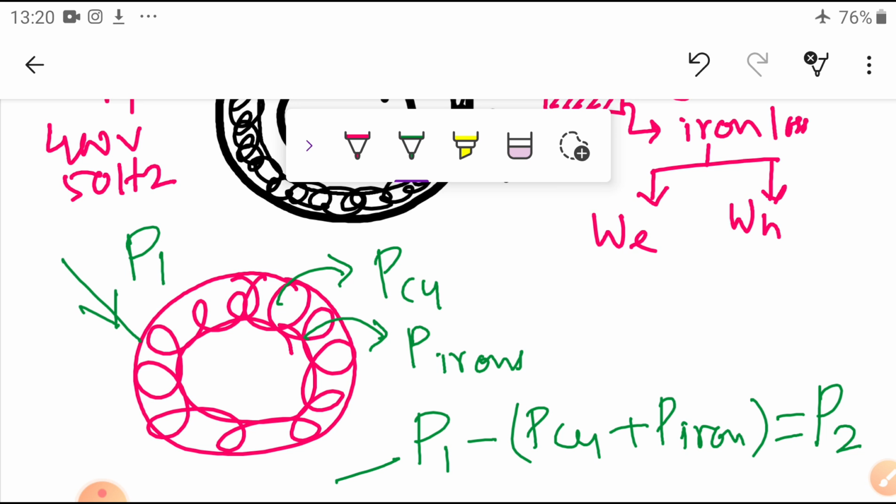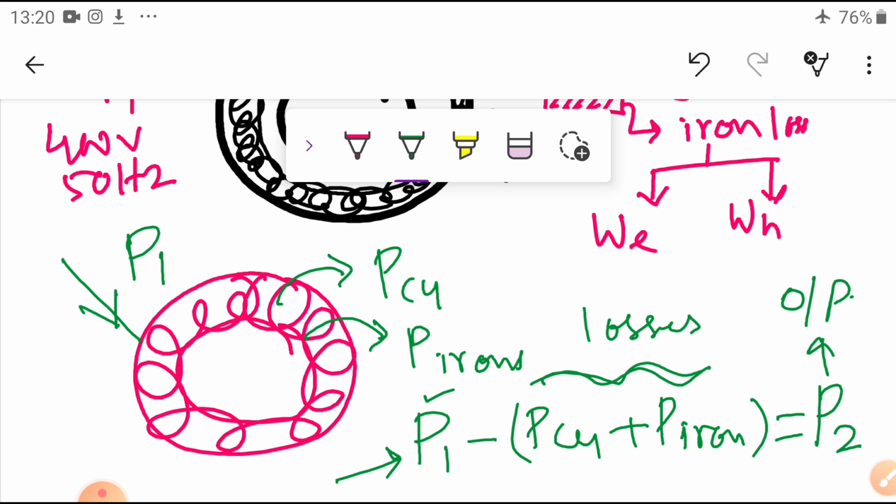This is the input, these are the losses, and this is the output. Stator input is this one, stator losses are this one, and stator output is this one. So we represent it as P2, and this P2 comes here in the form of magnetic field.